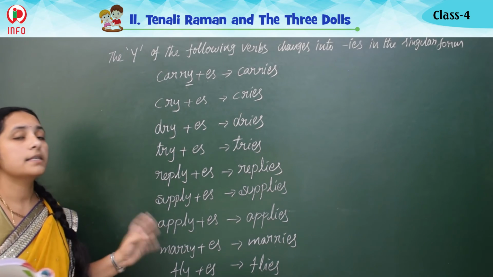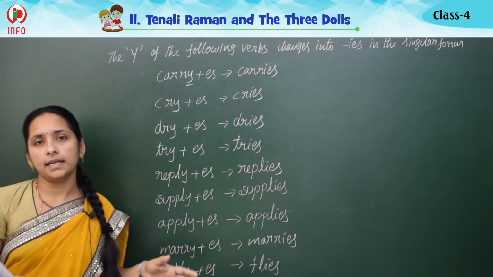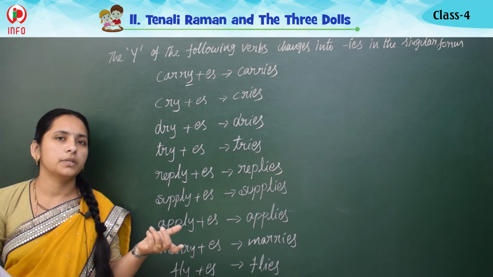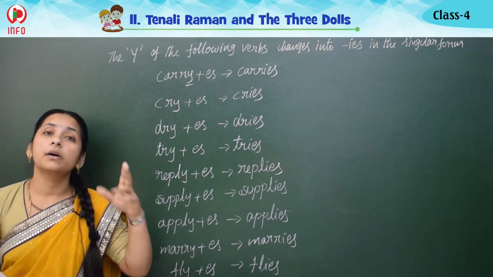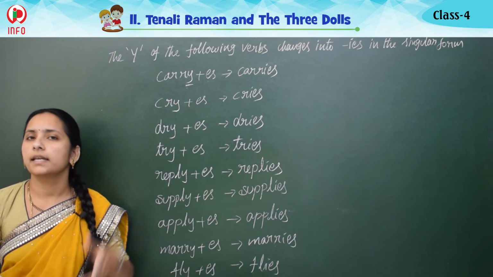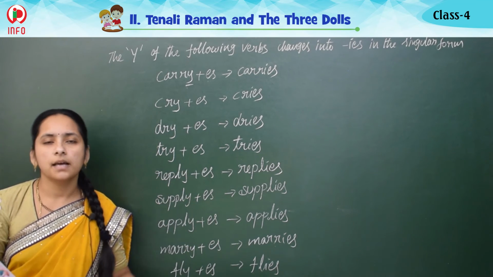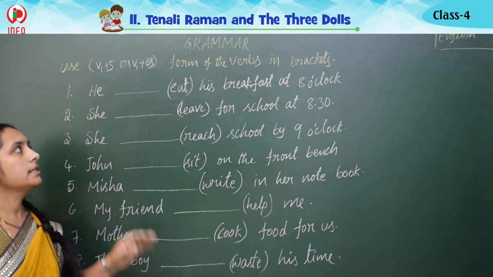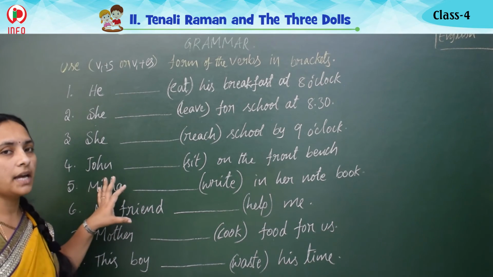Now let's see these words in sentences, how to write them based on the subject. The singular form of the verb is V1 S or ES form. Let's see how to write it in the examples. See children, these are the examples we have.